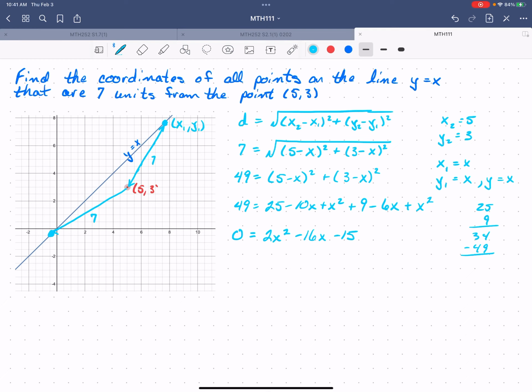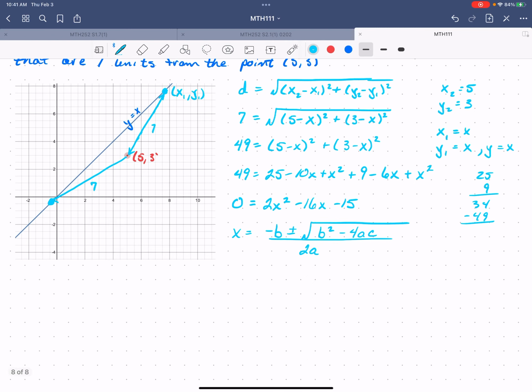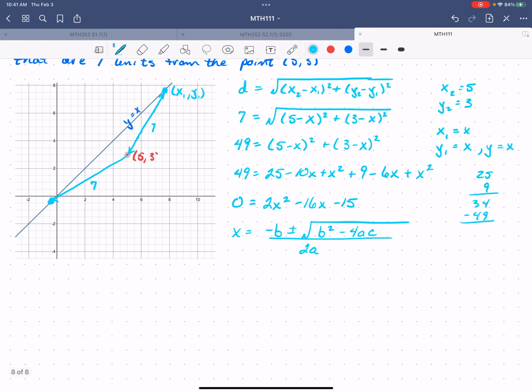So the quadratic formula, remember, is x equals negative b plus or minus the square root of b squared minus 4ac, all over 2a. And this applies when I've got ax squared plus bx plus c equals 0.